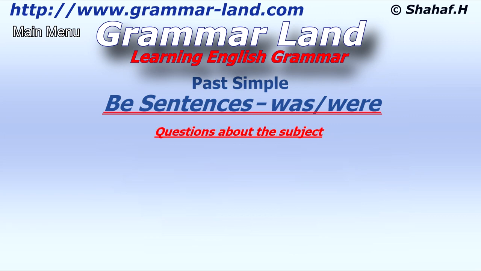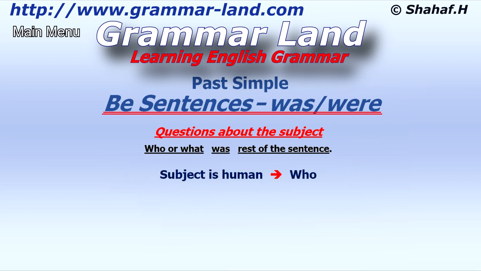Questions about the subject. A question about the subject will always start with who, or what, depending on the subject. You should know by now that if the subject is human, the question will begin with who. If the subject is not human, the question will begin with what.